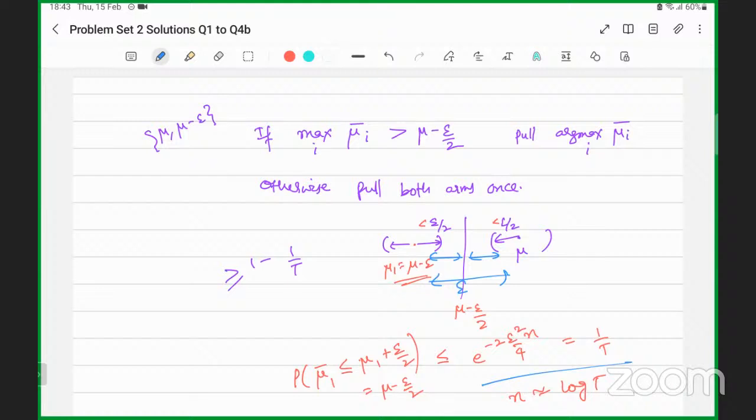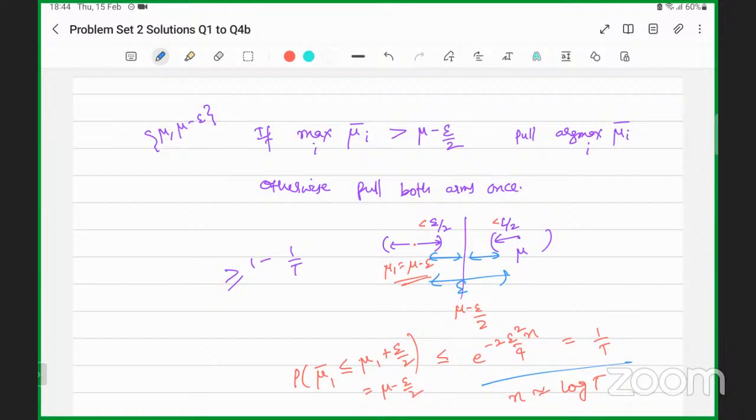The worst case is the left side arm is not sampled log t times. If the left side arm is not sampled at least log t times, we cannot guarantee this, right? But if it is not sampled more than log t times, we are happy only. This is a bad arm. It's not sampled more than log t times, so the regret is less than log t.